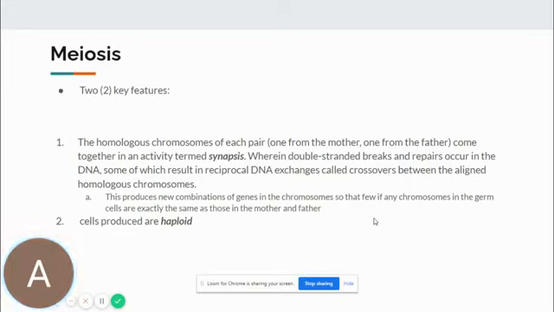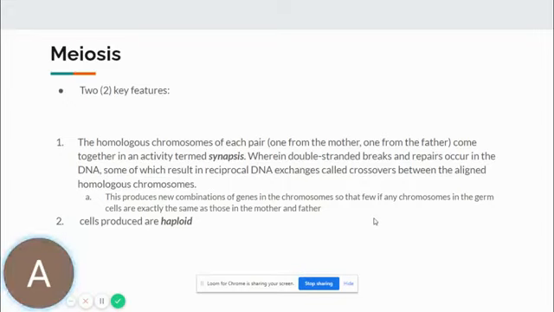So dumidikit sila. Wherein double-stranded breaks and repairs occur in the DNA, some of which result in reciprocal DNA exchanges called crossovers between the aligned homologous chromosomes. So, nangyayari, basically, dalawang chromosome, yung homologs, pagdikit nila, mag-exchange sila ng genetic information.